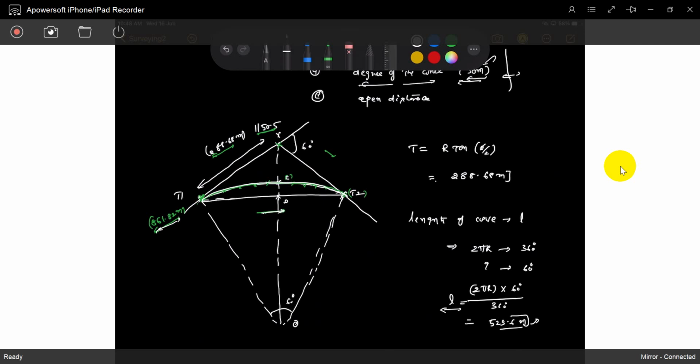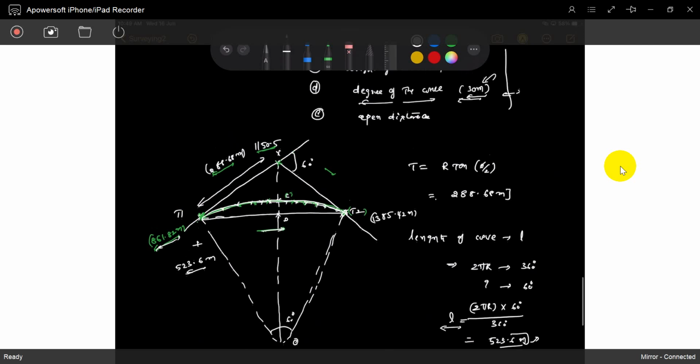The value is 1385.42 meters. That is the chainage point, so fix that. If you want to find out every point exactly, that is a later stage. I will show it later by many methods.